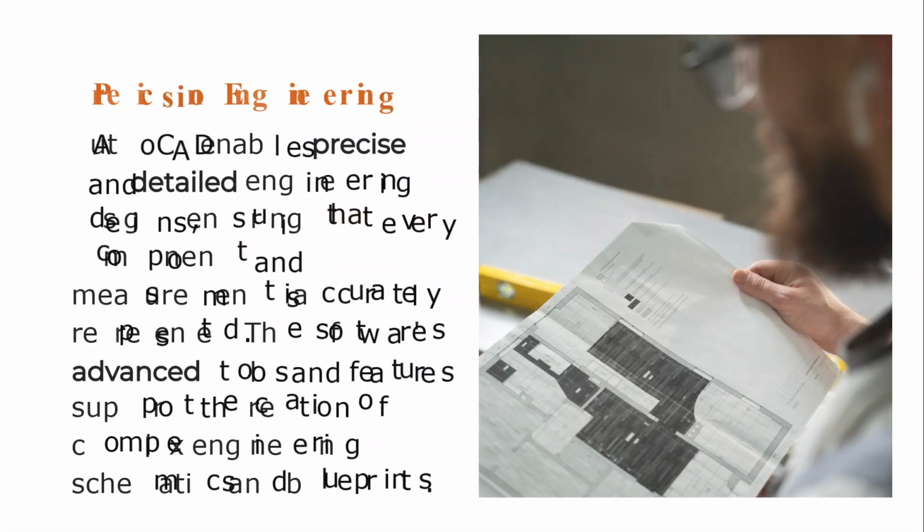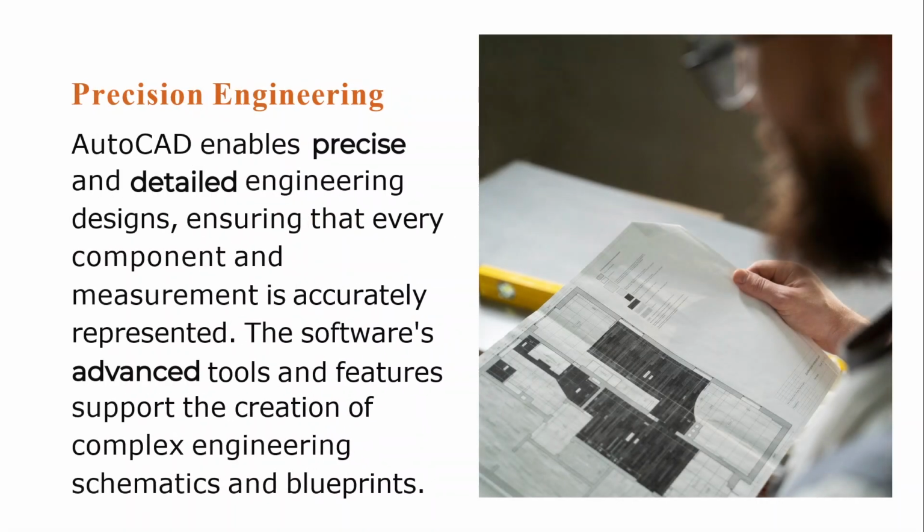Coming to next, precision engineering. AutoCAD enables precise and detailed engineering designs, ensuring that every component and measurement is accurately represented. The software's advanced tools and features support the creation of complex engineering schematics and blueprints. If you see the image in that, just by seeing the image you can execute.